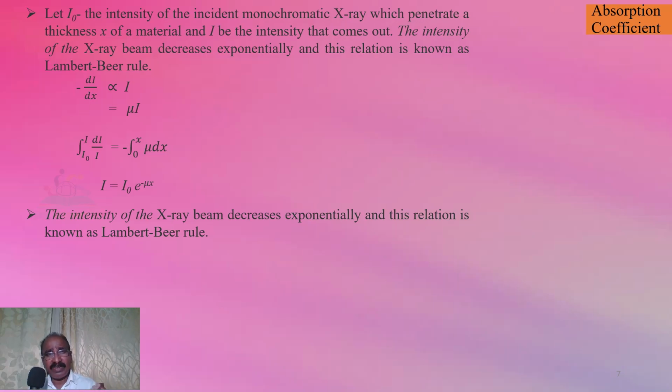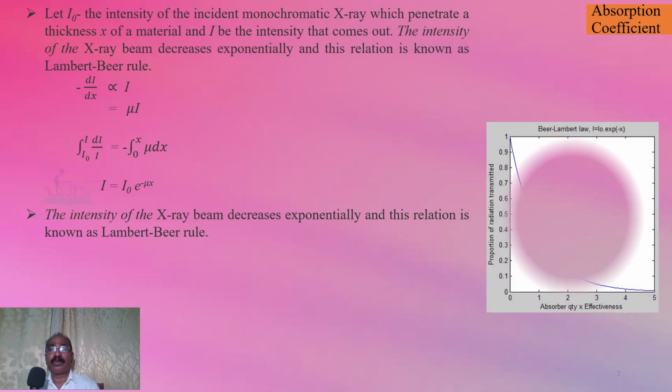The rate of decrease of intensity will be directly proportional to the intensity of the monochromatic beam. Therefore, it is written as minus dI by dx, the rate of decrease of intensity with respect to the distance, is directly proportional to the intensity of the X-rays.